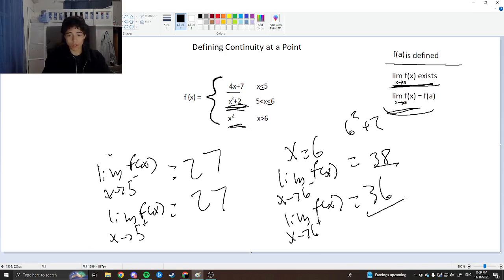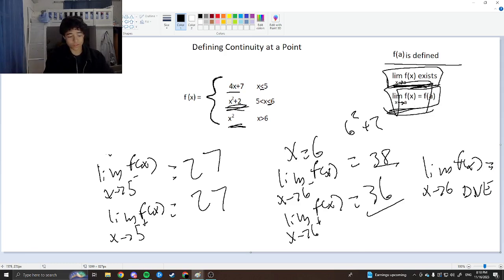So these two limits do not agree with each other. So the limit when x is approaching 6 of f of x does not exist. So it does not meet the second criteria. It also doesn't meet the third one, because f of 6 uses this equation, and you get 38. The limit as x approaches 6 does not exist, so it's not the same thing.